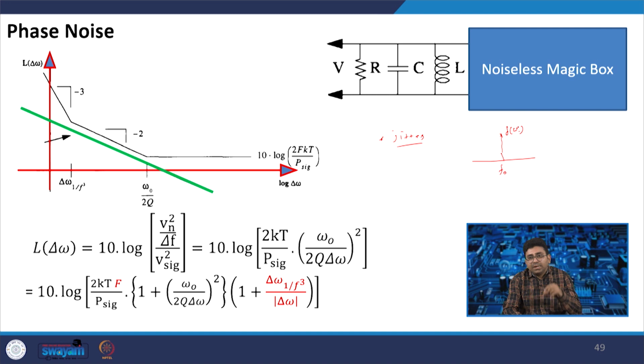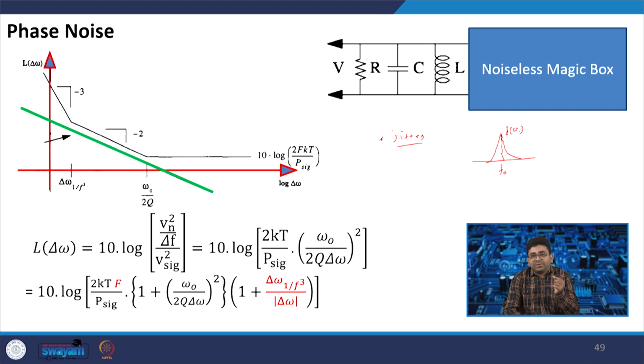Now, that delta function is the value that we want, but in reality our oscillator has many frequency components, and they are spread across like this.